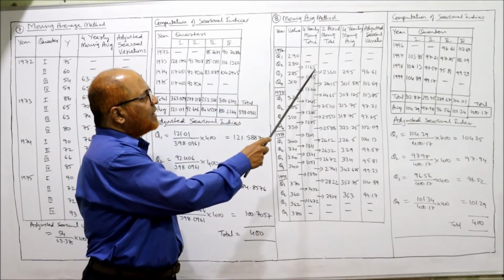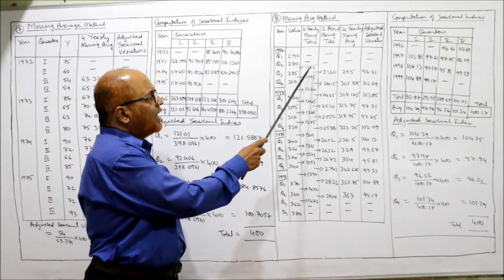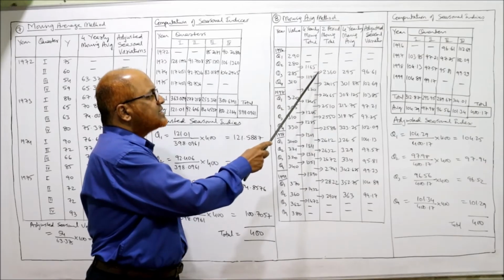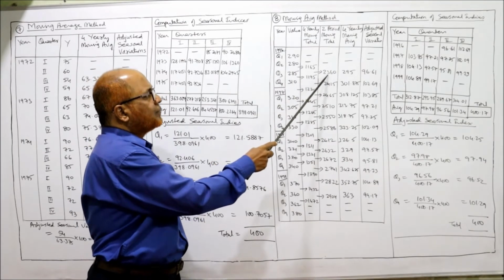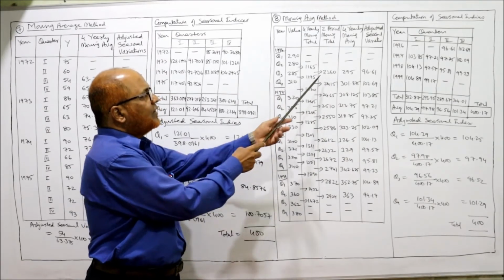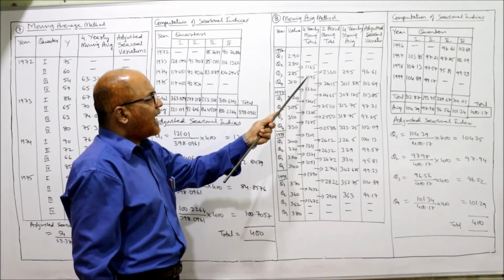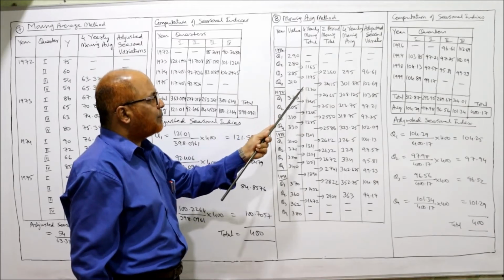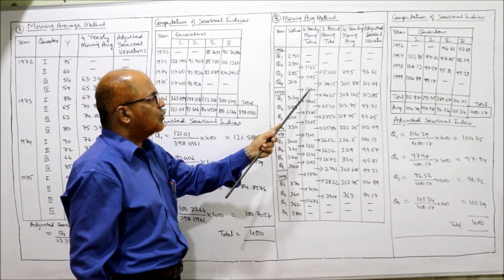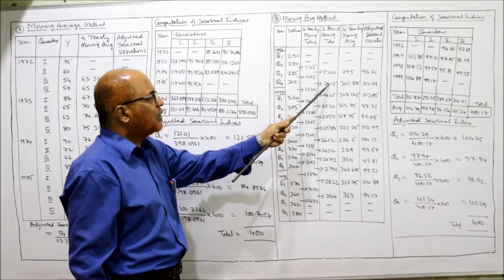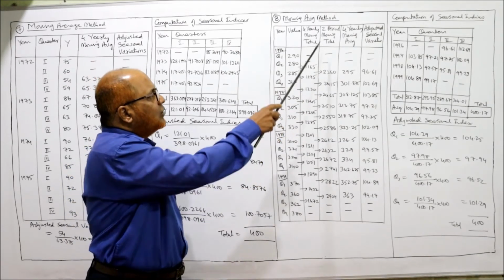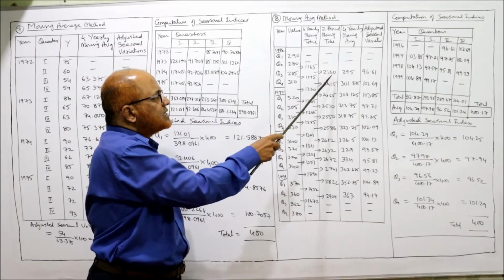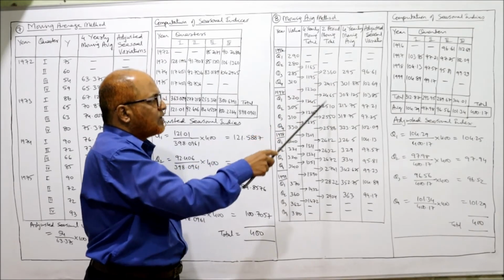So 1165 plus 1195, add up these 2 and put it in the center. 2360 is falling against Q3. Then add up 1195 plus 1220, you will get 2415. Put it in the middle, Q4. So we are getting centered values, the 2 period moving total: 2360, 2415, 2465 like that.